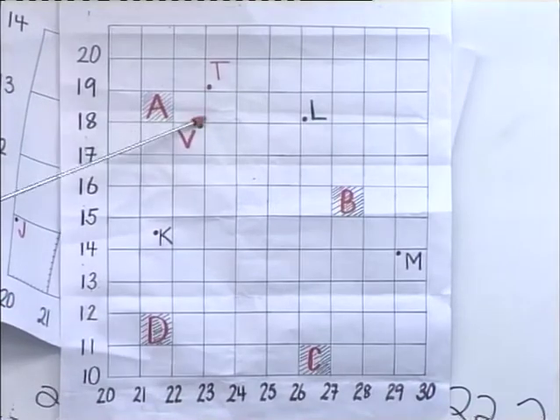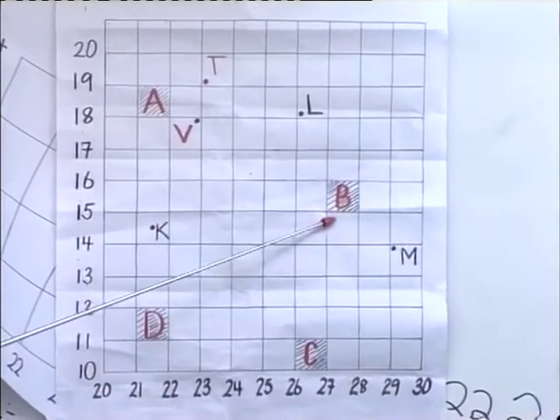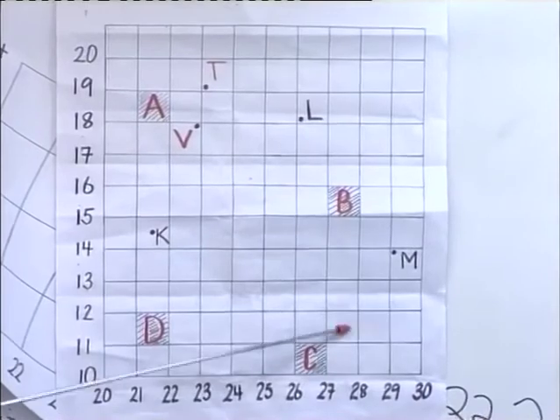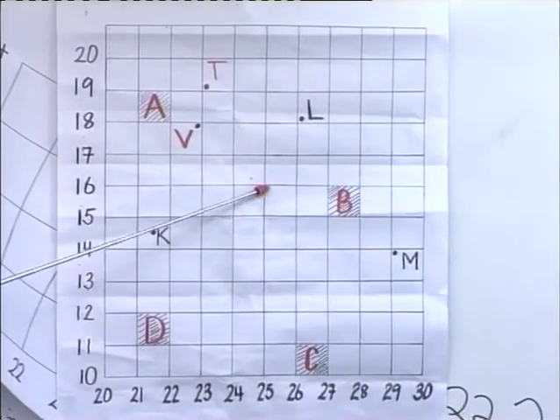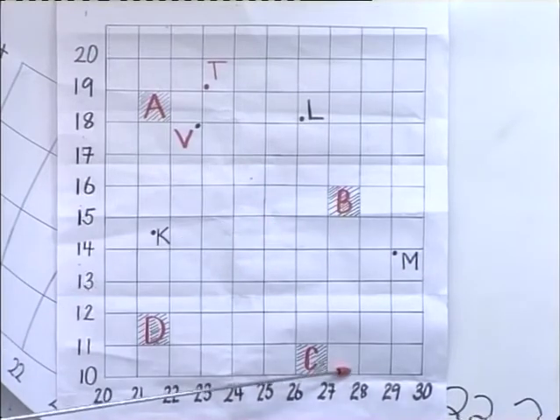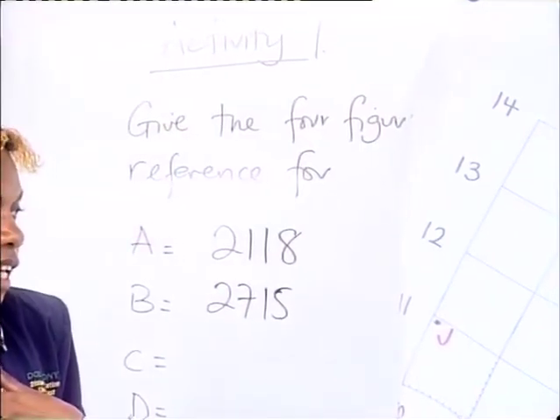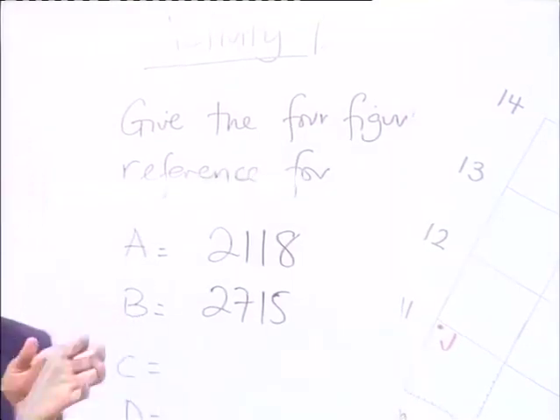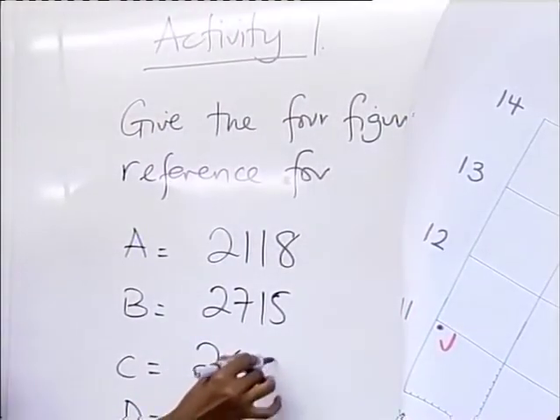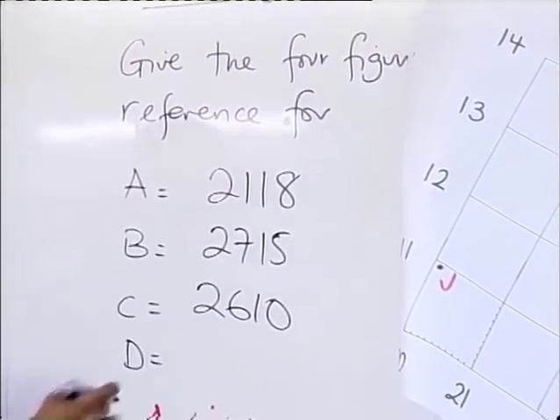For B, 27, 15. Teddy. Okay. C, 26, 10. Good. D, 21, 11. Very good.